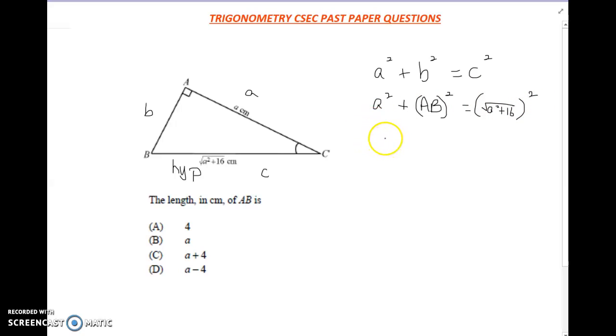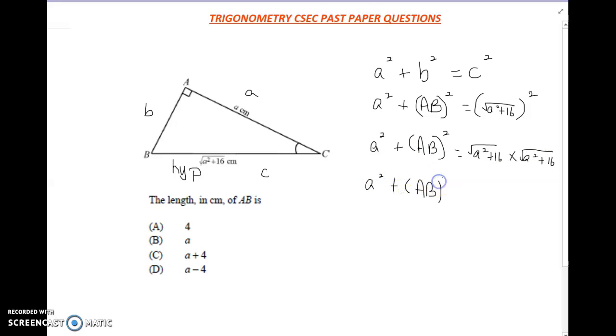Now, let's work out our question. So let's simplify our right-hand side first. I'm writing back what we had on the left-hand side: a squared plus AB all squared.